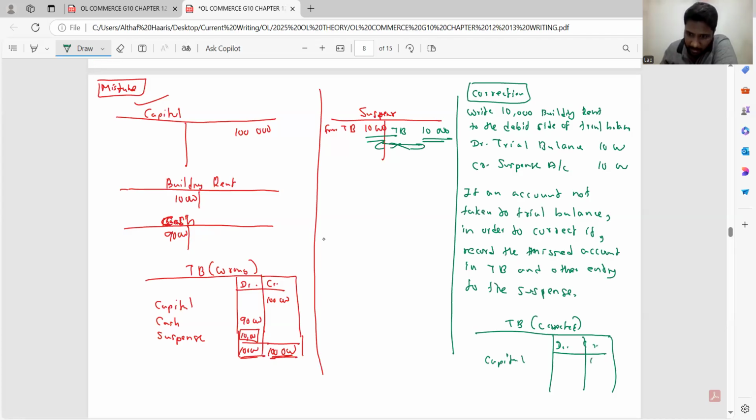Capital 100,000, cash 90,000, building rent 10,000. Now without the suspense, the trial balance is getting balanced, 100,000 and 100,000, because we corrected all the errors. Once we corrected all the errors, there cannot be a suspense. Suspense should be eliminated.